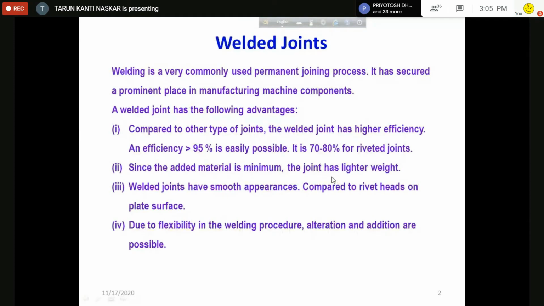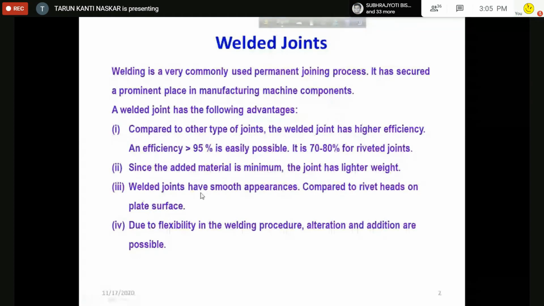But in the case of a welded joint, there is no extra step required. So since the added material is minimum, the joint has lighter weight.